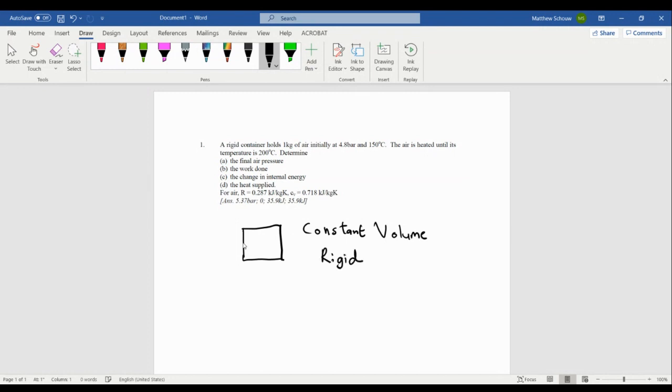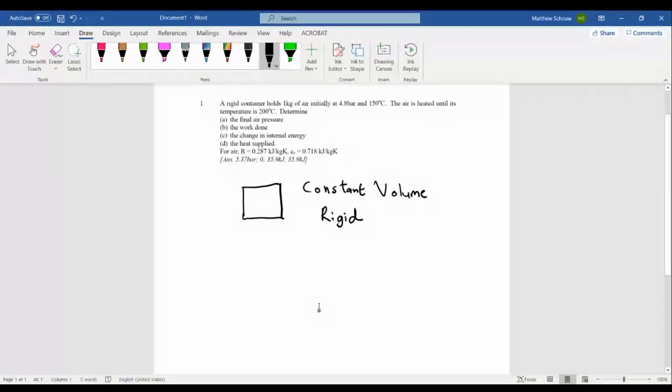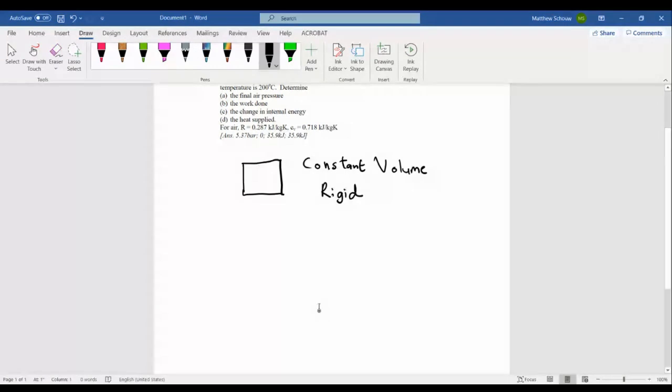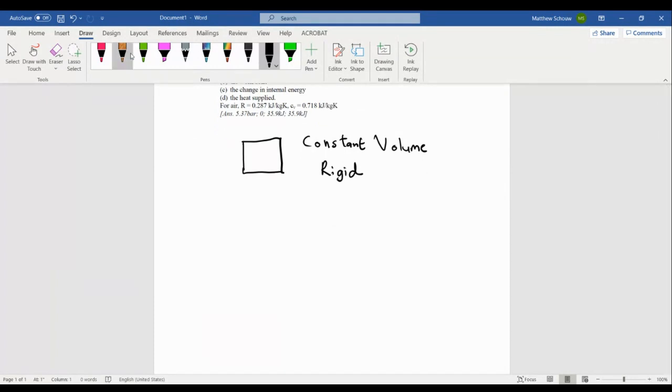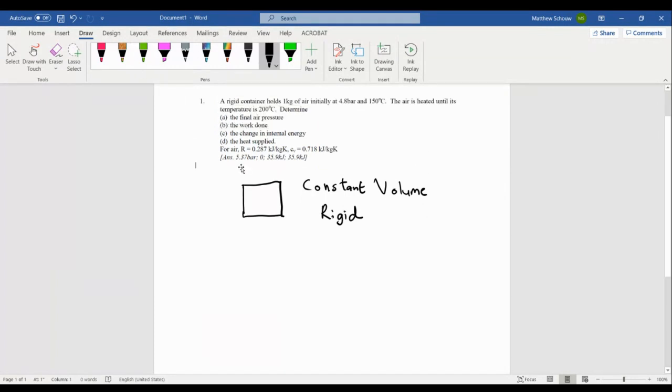Is that okay? Okay, cool. So that's the first thing, right? You have to identify which process it is. The next thing I normally do, and I call this number 2, is I write down my non-flow energy equation, right?